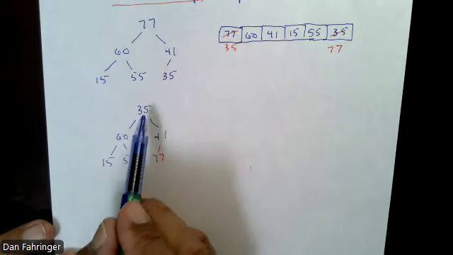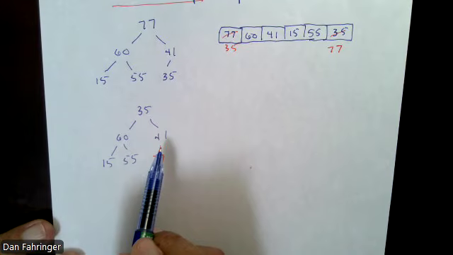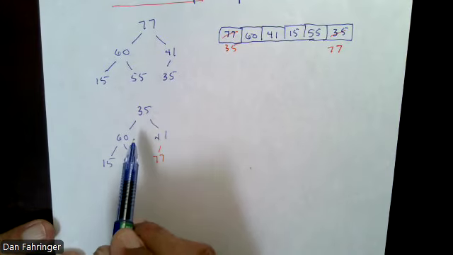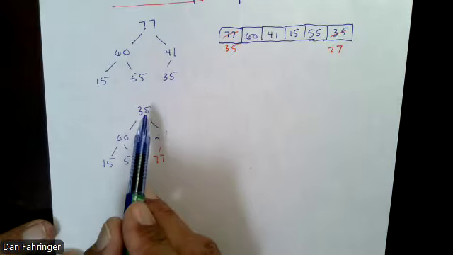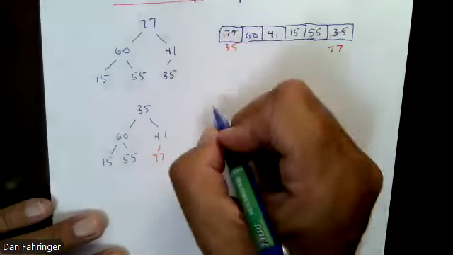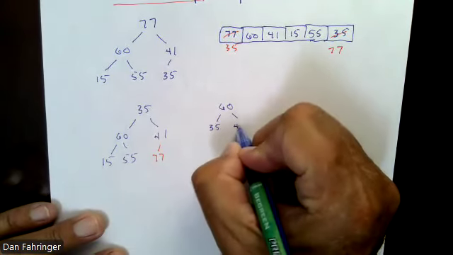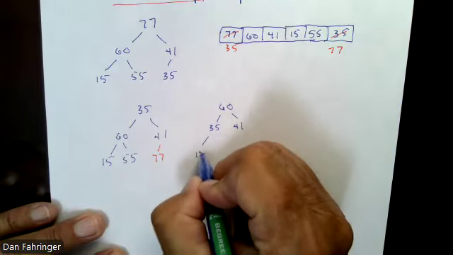Which one should it go down to, the 60 or the 41? 60. Why? Because if you switch it with 41, then 41 is still going to be smaller than 60. So I'm going to bring the 60 up and put 35 down because I'm turning this back into a heap.